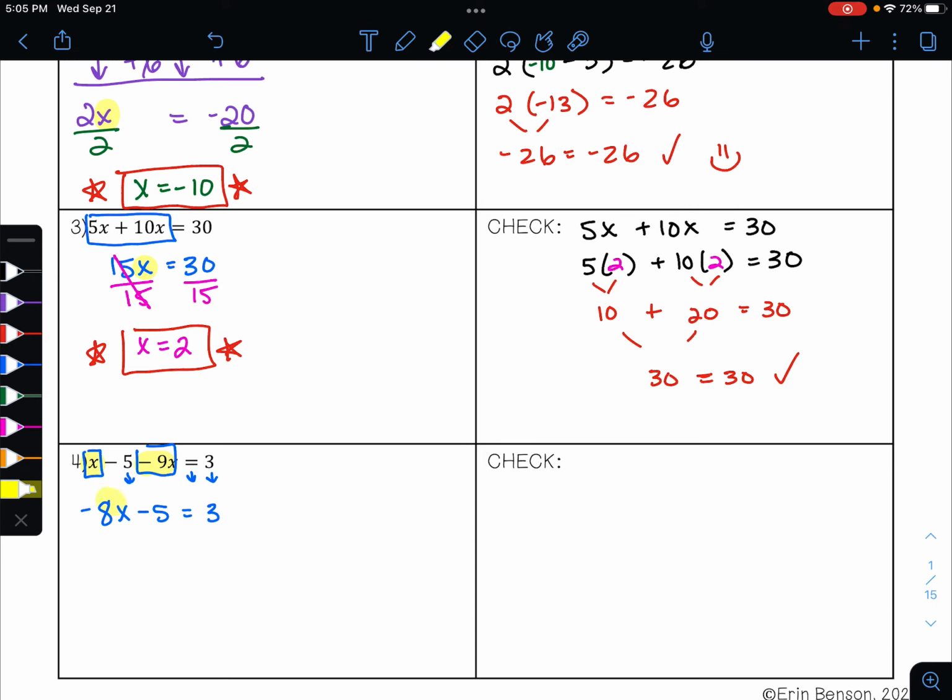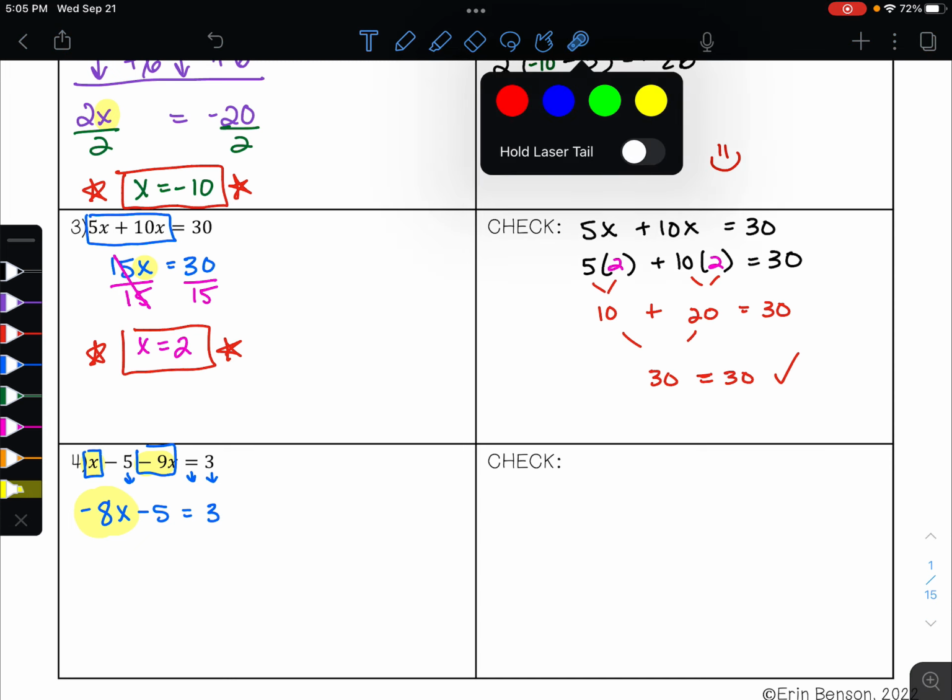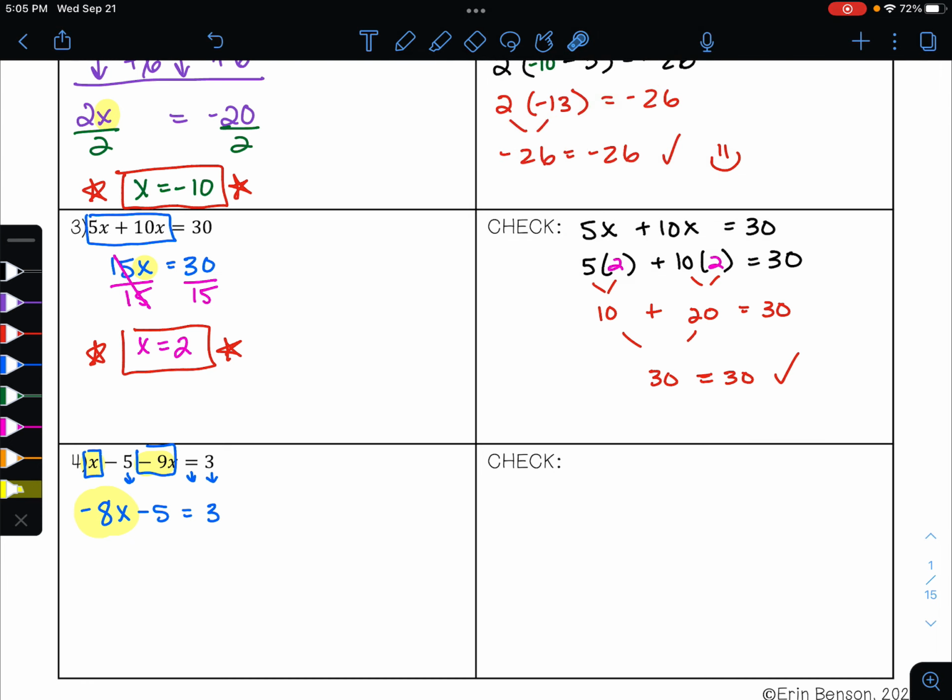From here, I want to get negative 8x alone. Right now, I am subtracting 5 from negative 8x. To undo subtraction, we're going to do addition. And so we're going to have negative 8x is equal to 8.